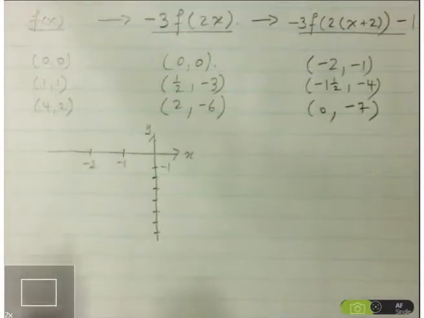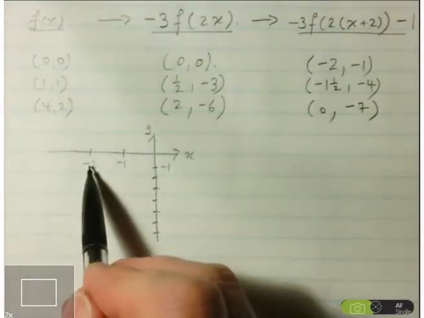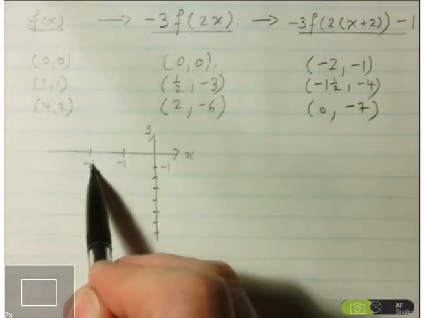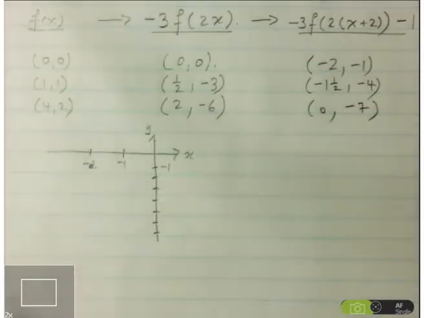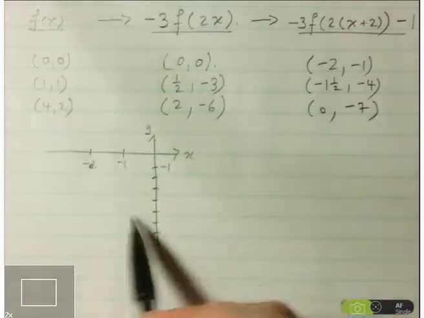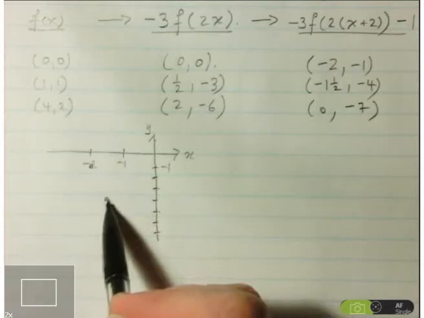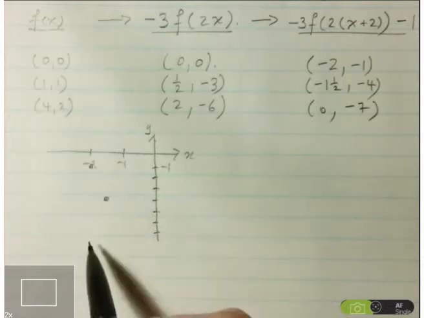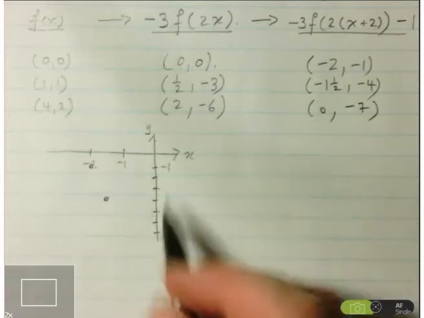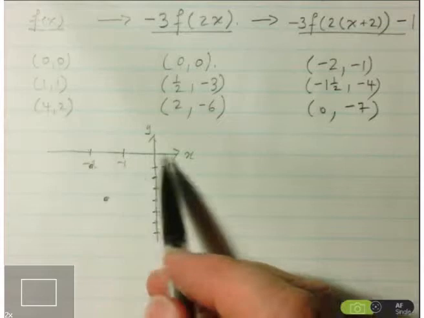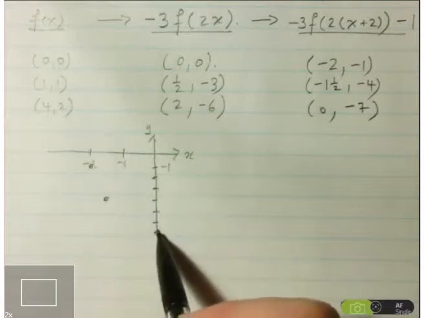Okay, so let's plot our points. So -2, -1, a point right there. Then -1.5, -4, 1, 2, 3, 4, -1.5. Okay, and lastly we have 0 and -7.